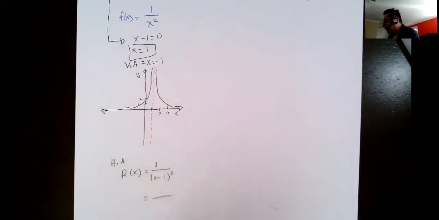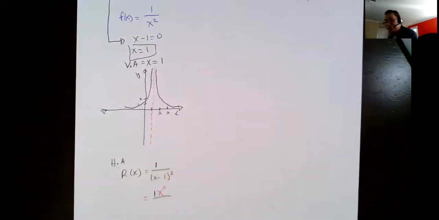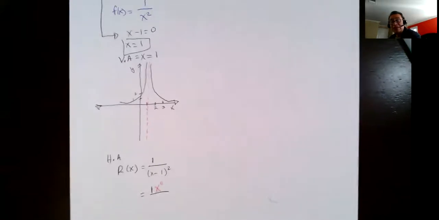Notice, in the numerator, can I write 1 as x to the 0? Remember, any base raised to the 0 is equal to 1, right? Correct? So I can do this trick here in the numerator. 1 times x to the 0 is the same as 1. Is that clear?